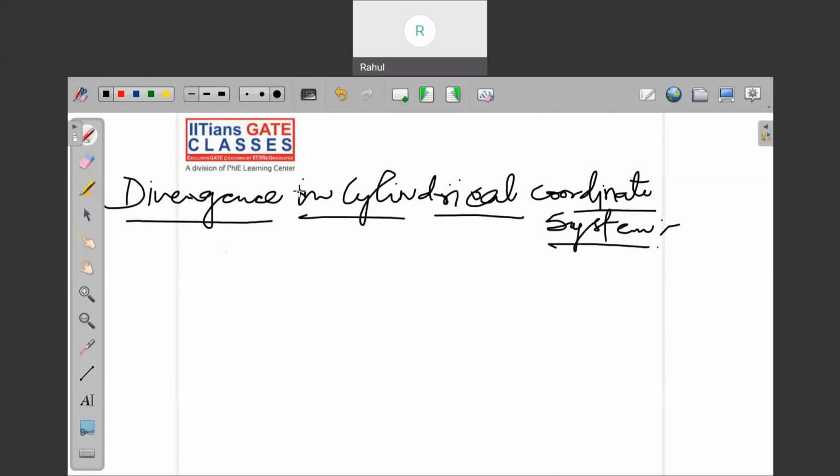Divergence in cylindrical coordinate system. So divergence of a vector A, right?